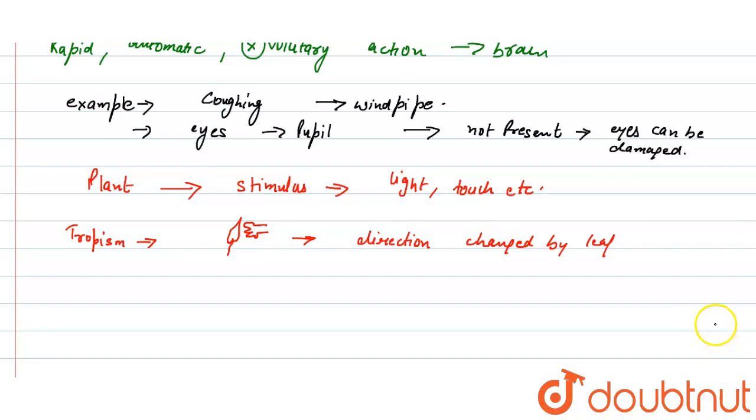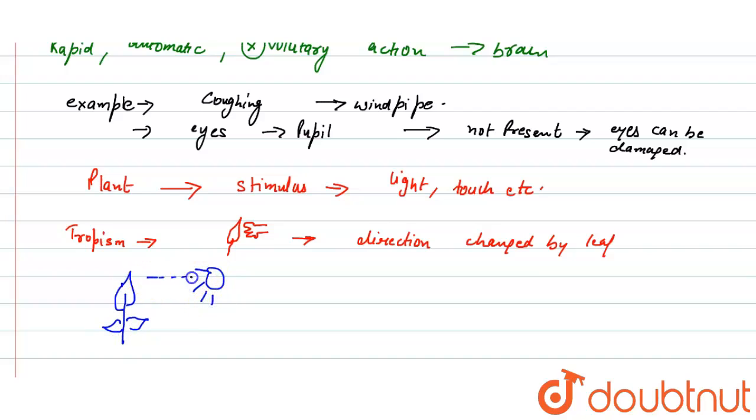If the growth of the plant part is toward the stimulus, like suppose here we have the plant and here we have the sunlight.